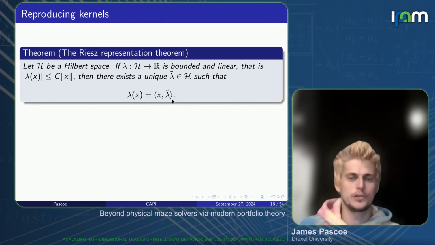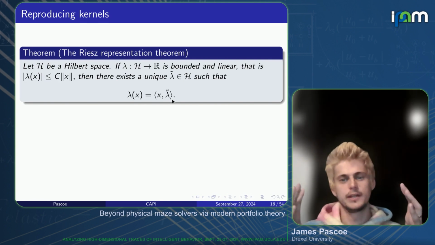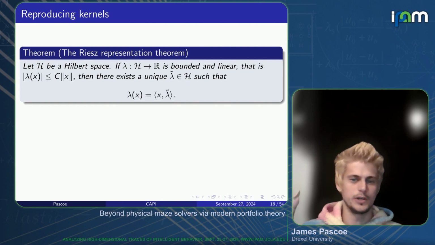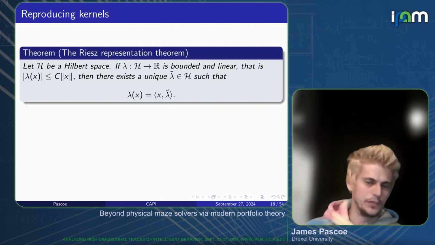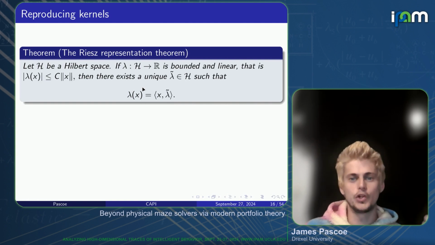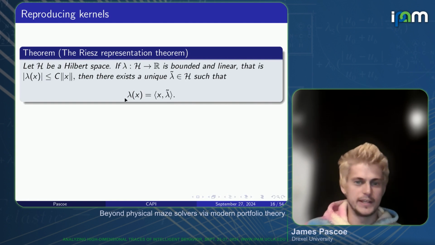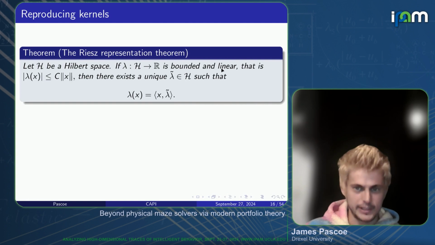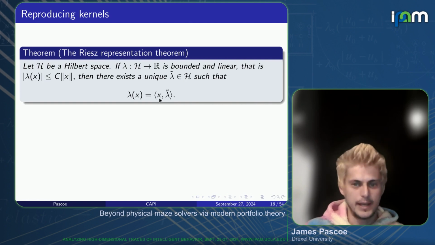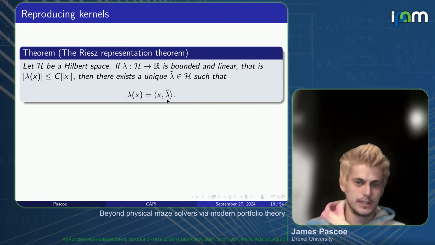So we have this wonderful self-comprehension of Hilbert spaces. Hilbert spaces know about their linear functionals. They embed their dual into them, by which I mean bounded linear maps are all of the form x inner product with something else.